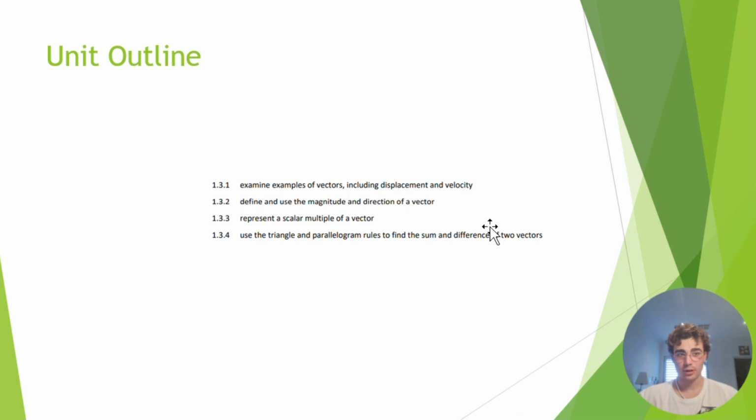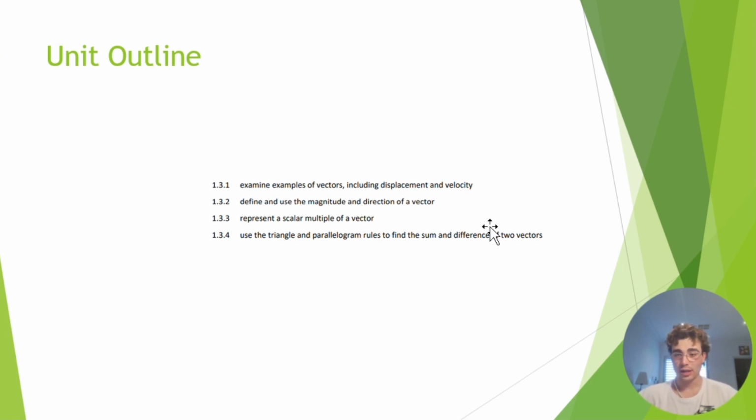You may have been introduced to this already in physics. You do deal with vectors in the form of rectilinear motion, that unit in physics. In Math Specialist, you deal with vectors in a more Cartesian format, in terms of coordinates in a Cartesian plane.